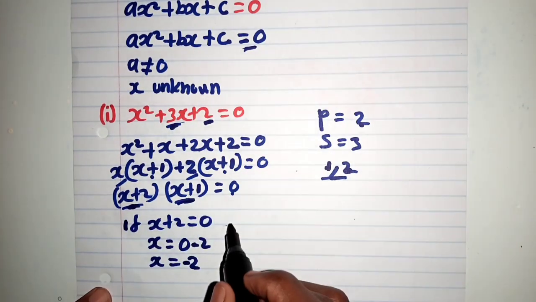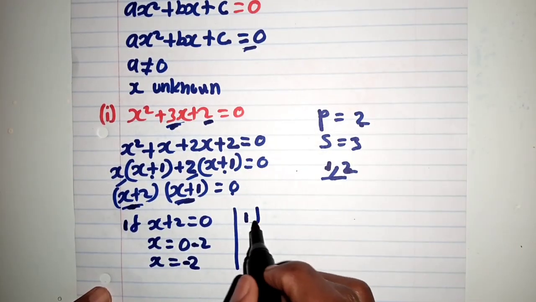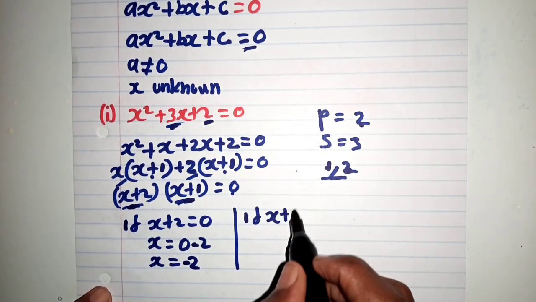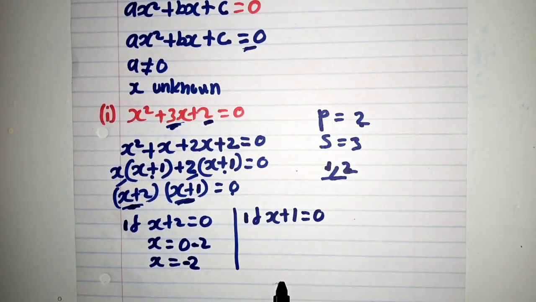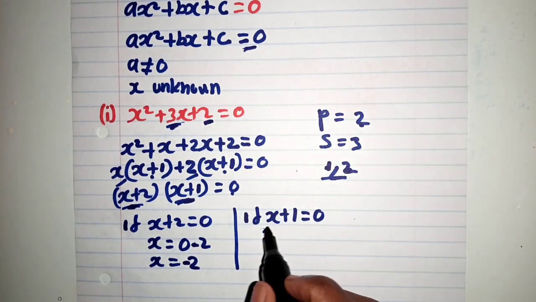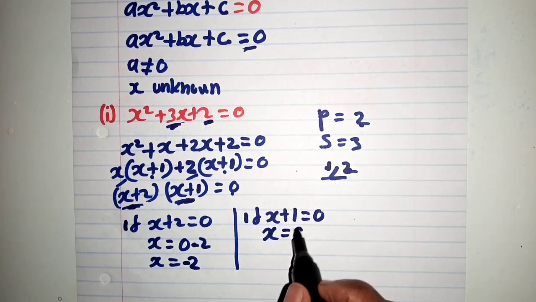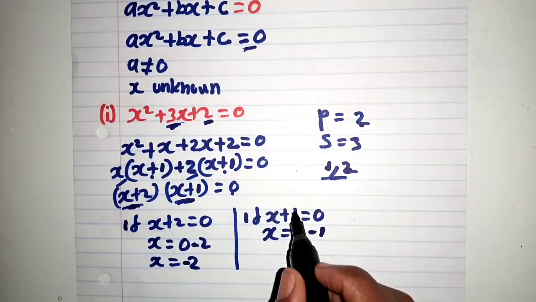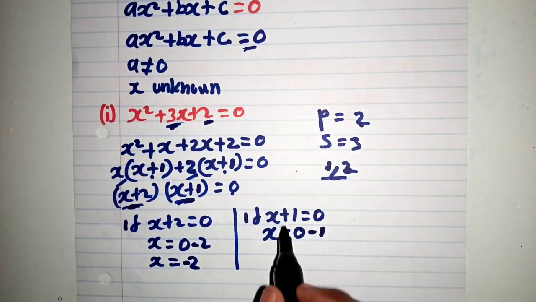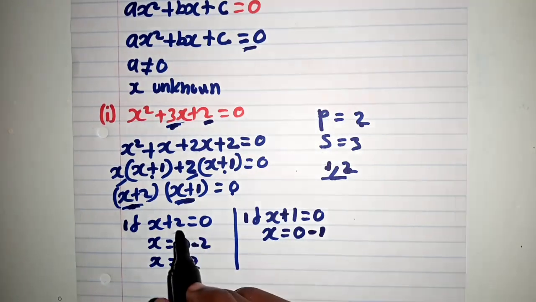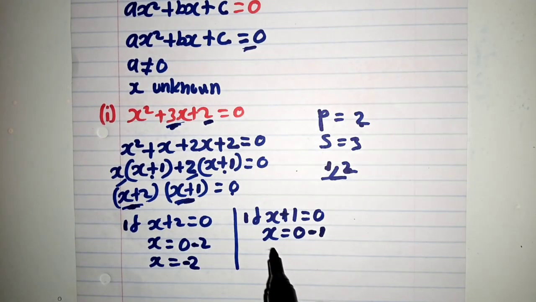Let's now use this one. If x plus 1 is equals to 0, then x is equals to 0 minus 1, because this one crosses to the other side and this sign changes. Same case applied here. So x therefore is equals to negative 1. Let's now look at expansion, which is number 3.